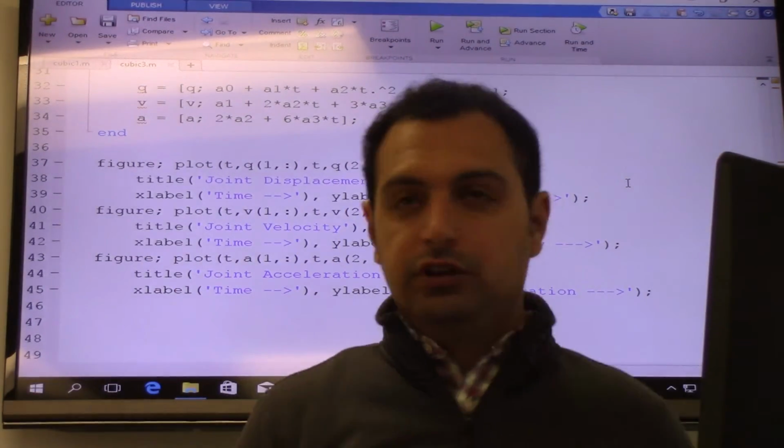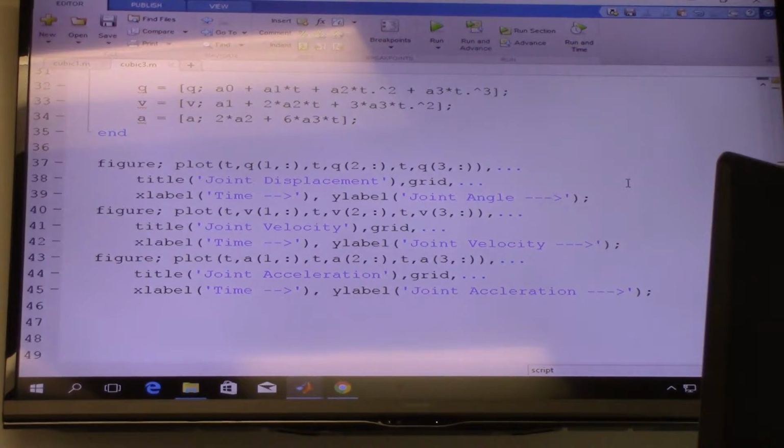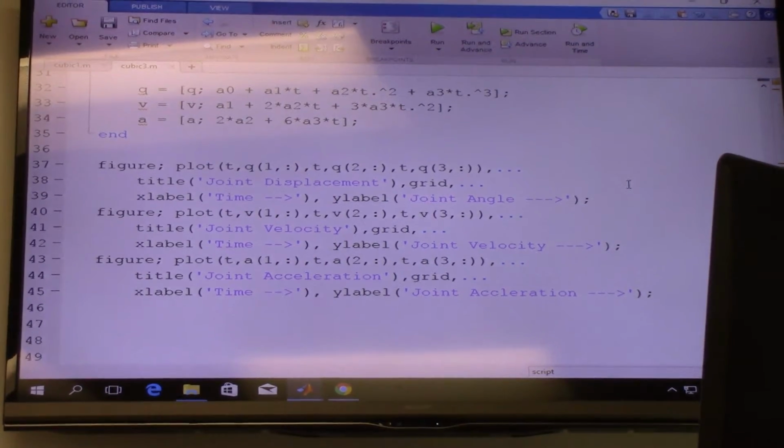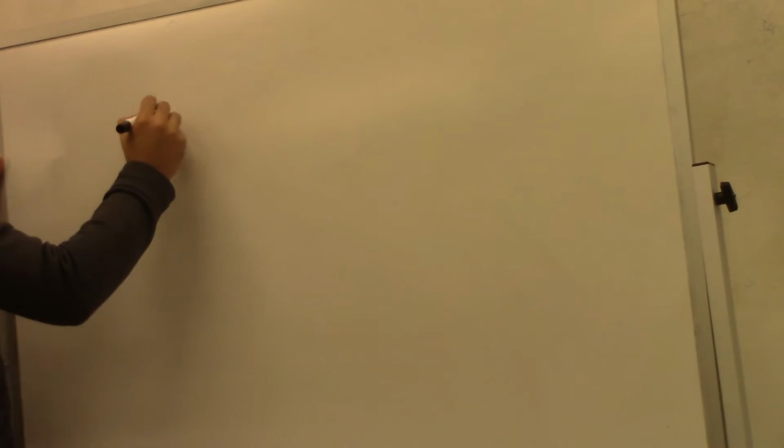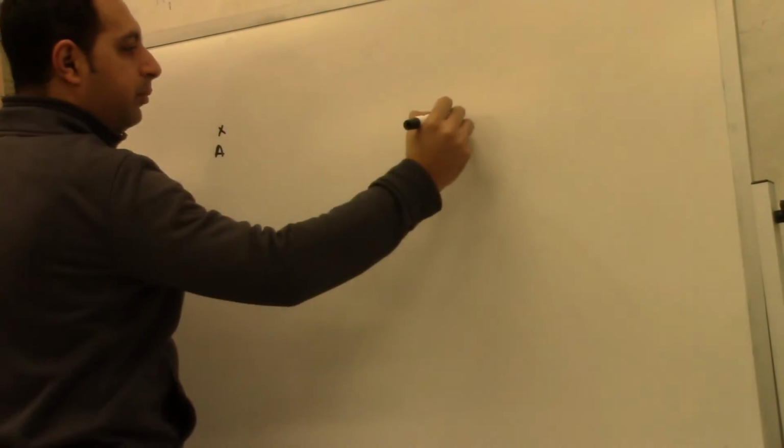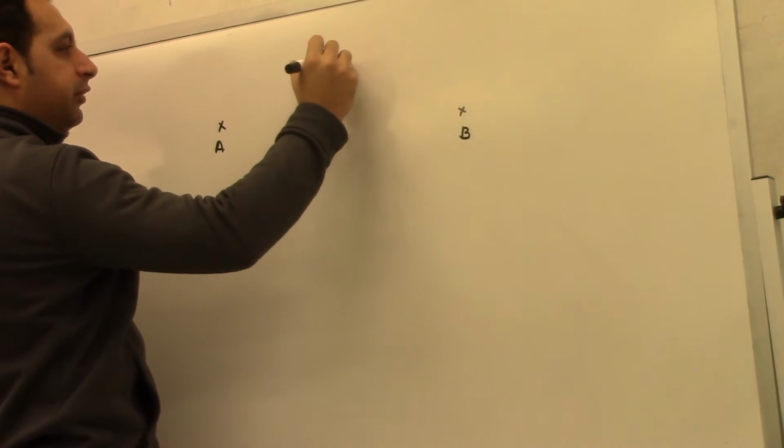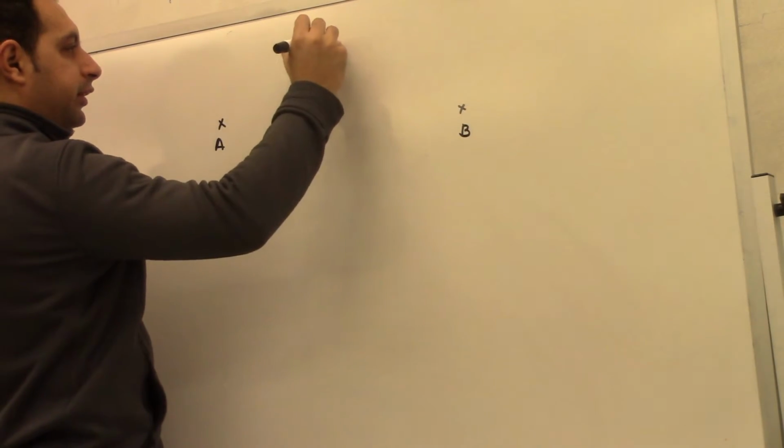So for the last question, this is what you will do. You're moving from A to B, but you're stopping at C. So this is A, you have a point B, but in between you're stopping at C at some time here, okay?